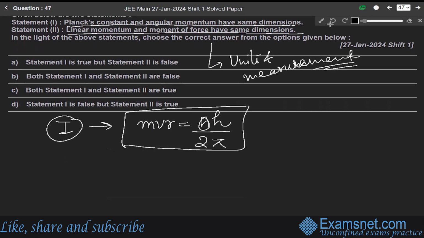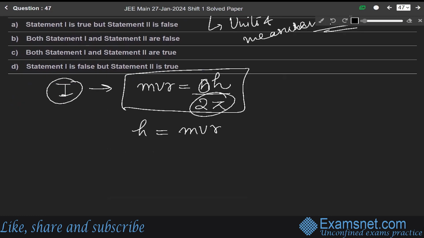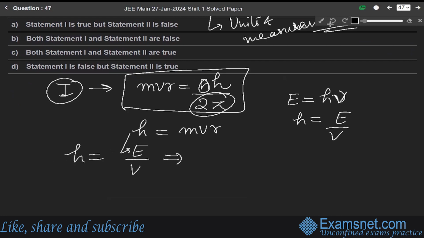So since n and 2 pi are constants, h will be mvr. So dimension of h: since energy of an orbit E equals h into nu, h equals E upon nu. So we can write h as E upon nu.